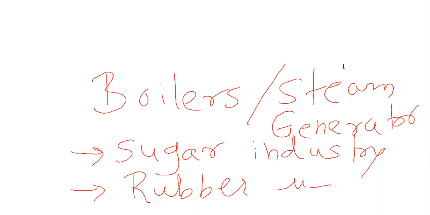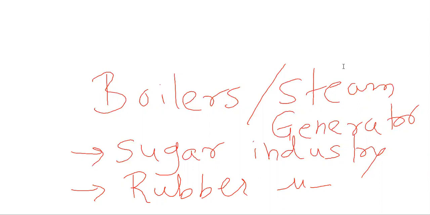Many companies are into this boiler business. For example, Thermax is a major supplier of boilers, and such boilers are used in industry for process heating, meaning for generating steam, and the steam is used for further application. For example, steam is used in the sugar industry for converting the sugarcane juice to sugar crystals, or in the rubber industry for making tires, curing the tires and tubes, or in the pharma industry, which is an important application of boilers.